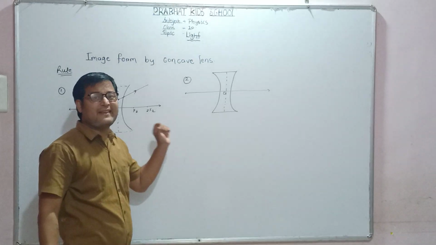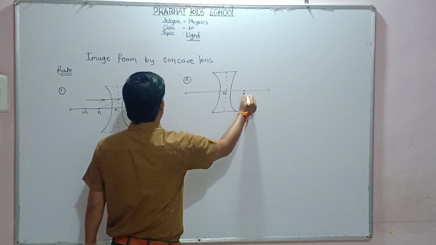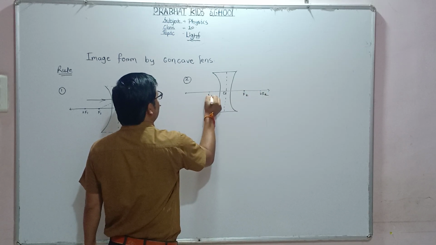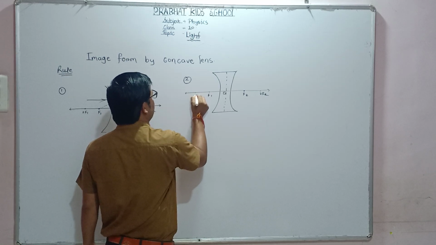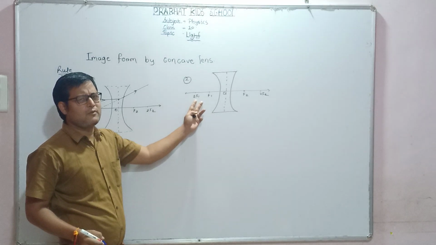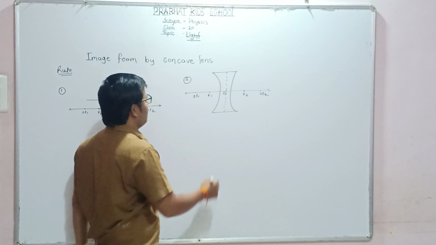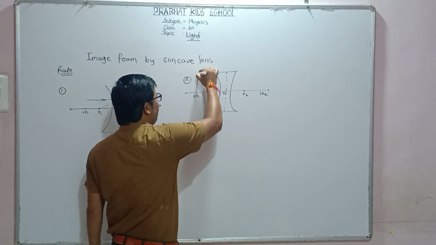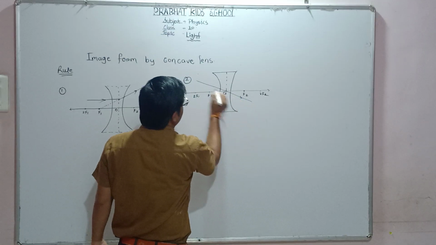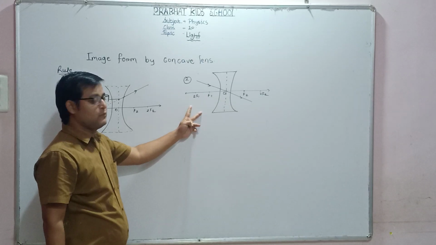Any ray which passes through the optical center, I am putting here f2, this is 2f2 imaginary, f1, this is 2f1. Here marking f1 and 2f1 is not necessary, but f2 and 2f2 are very necessary. So any ray which passes through the optical center, what happens, dear student? It is undeviated. This is rule number 2.